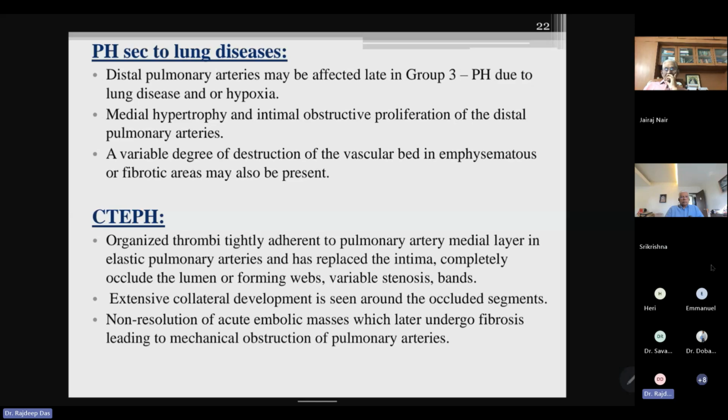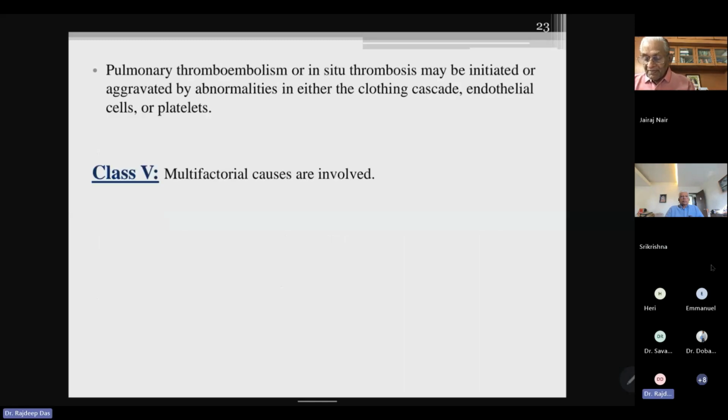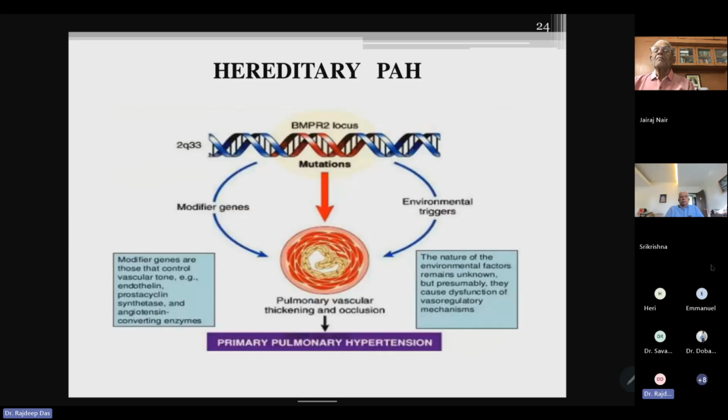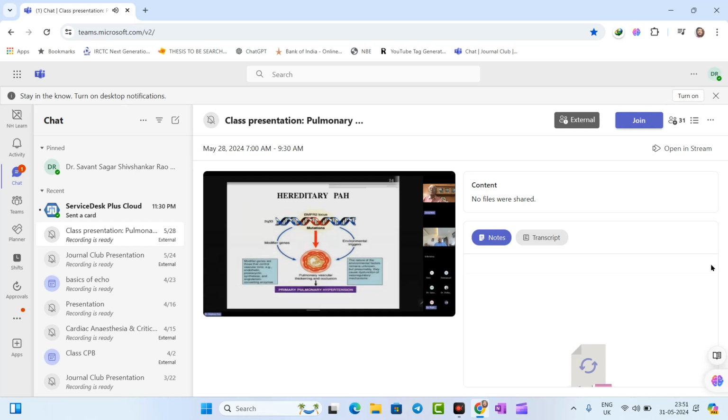Eccentric collateral development is seen around the occluded segments. There is non-resolution of the acute embolic masses, which later undergo fibrosis, leading to mechanical obstruction in the pulmonary arteries. While class 5 is multifactorial in nature.